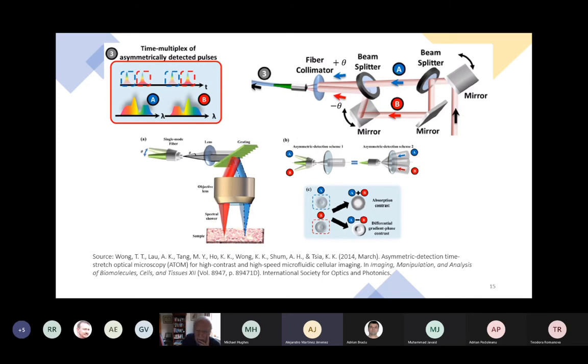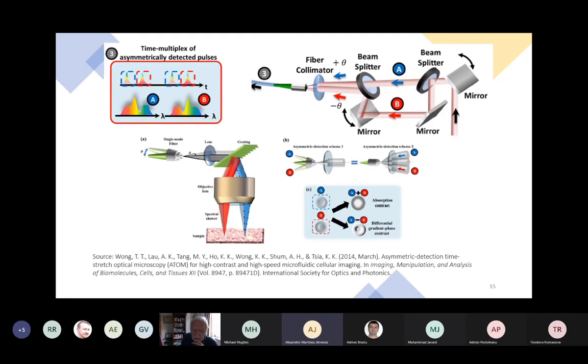In ATOM, the spectrally encoded pulse is coupled off axis into the fiber core to introduce an oblique detection angle theta between the fiber axis and the beam propagation axis, as the numerical aperture of the fiber core limits the cone of the coupling light symmetrically.